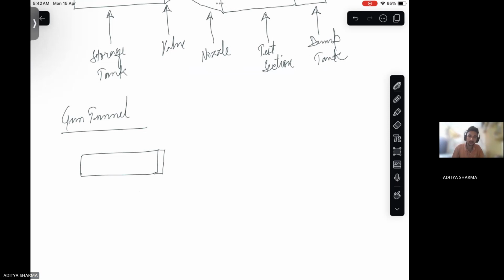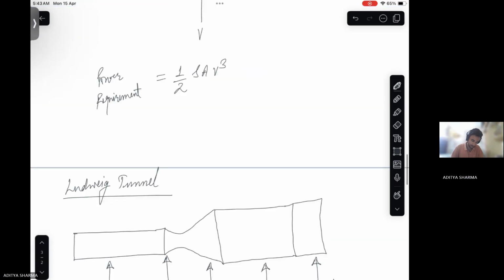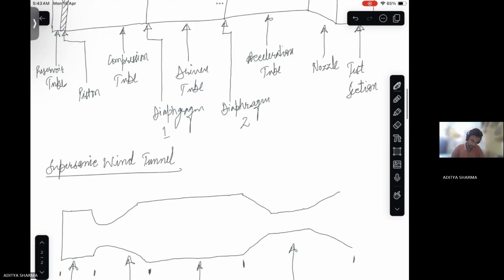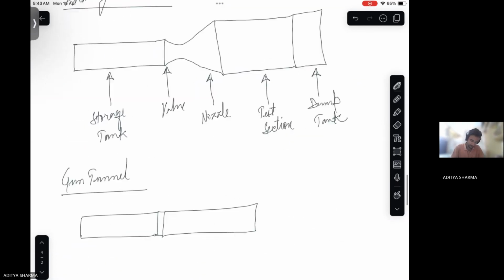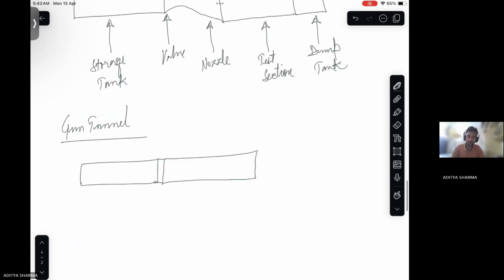After that, it has a driven tube. Then it has a nozzle, then a test section.